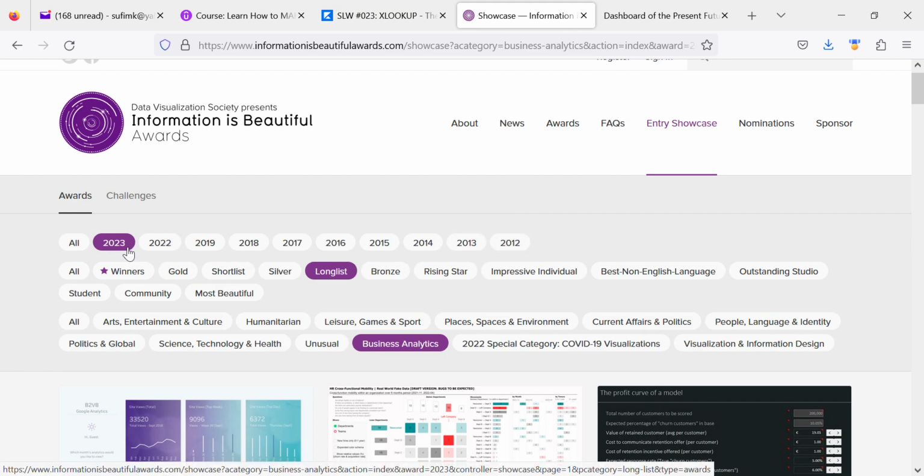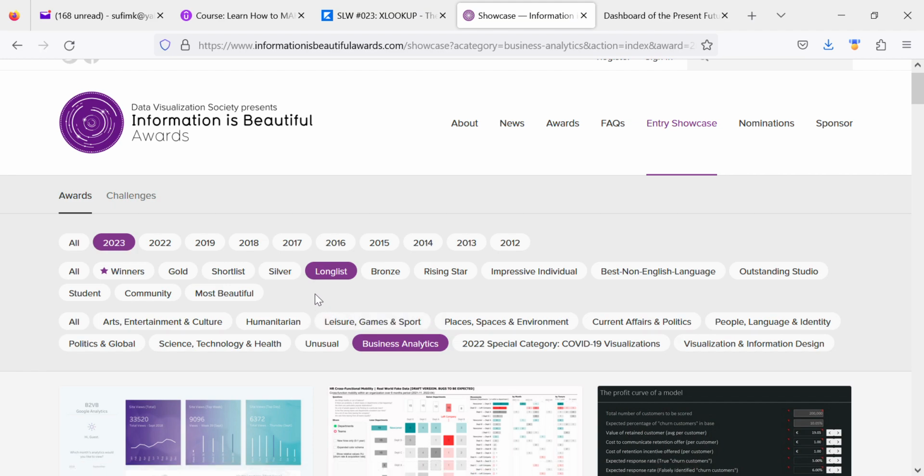We'll look into 2013 data, the long list, short list, and gold winners. It has different categories from art, humanitarian, leisure, places, and so on.